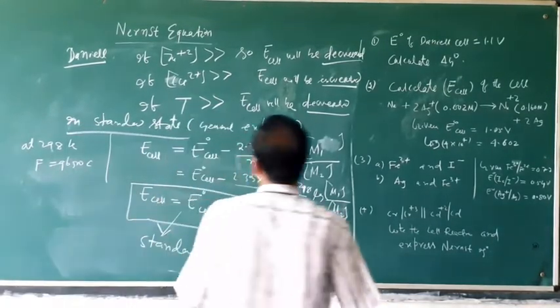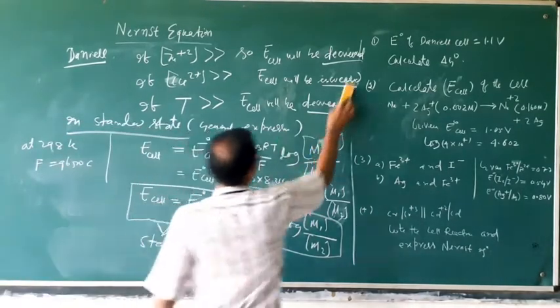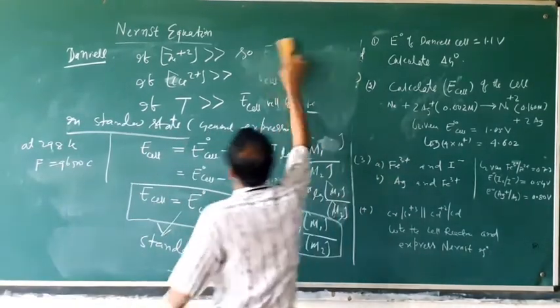Now we'll discuss some examples, how we'll write different Nernst equations for a particular cell.